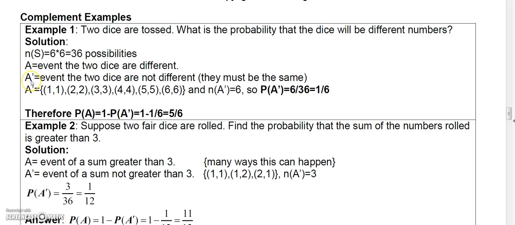So it's easier to calculate the probability of A prime. There's 6 ways they can be the same, and so the probability would be 6 out of 36, which is 1/6. So now if you want to find the probability of A, just do 1 minus the probability of A prime, and 1 minus 1/6 is 5/6.